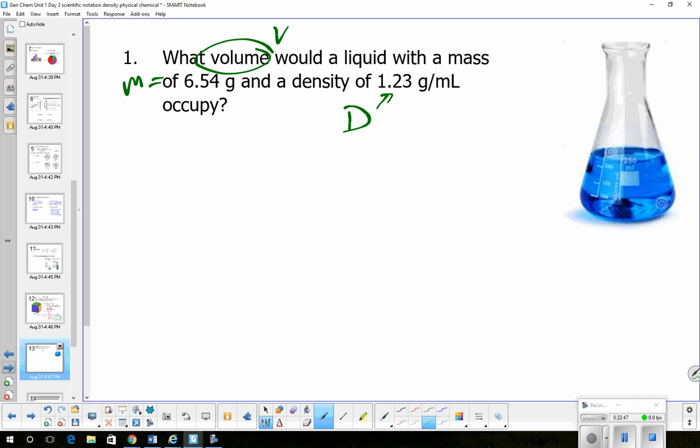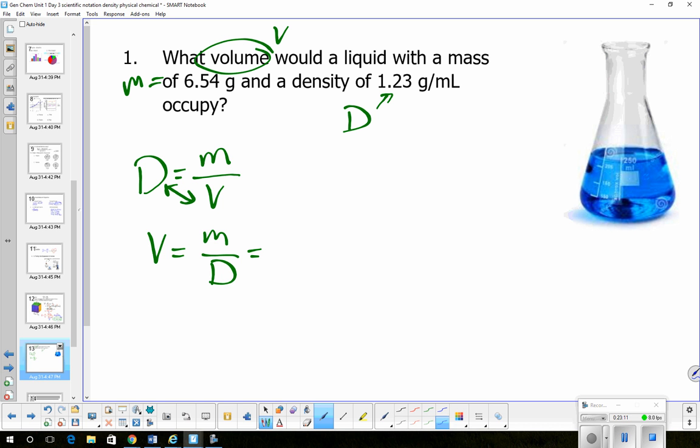Okay, so density is equal to what again? Mass divided by volume. And this time I'm looking for volume, so these two will trade places. I'll get volume equal to mass divided by density. I've got everything, I just need to plug it in.